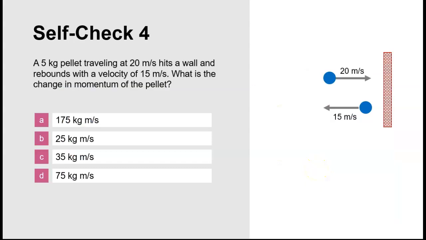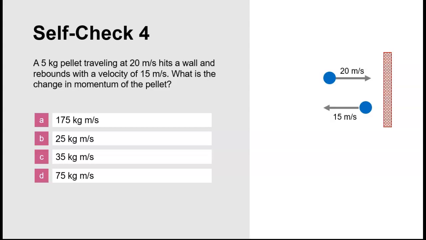Okay, let's do a couple quick self-checks to make sure you really understand the concept of rebounding. So we have a 5-kilogram pellet that's traveling 20 meters per second. It hits a wall and rebounds with a velocity of 15. What is the change in momentum? Well, the change in momentum is going to be 5 times the change in velocity.